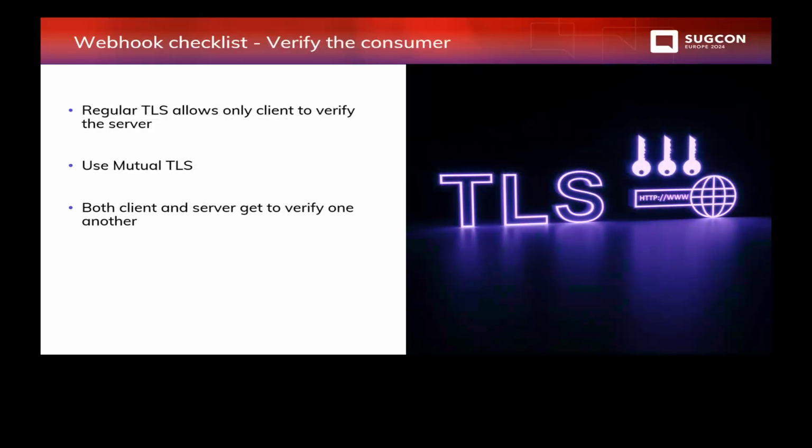Verify the consumer. Normally what happens is the client verifies the server, but with a webhook, we can also try this out, where the regular TLS allows only the client to verify the server, but we can also use mutual TLS, where the server also verifies the client and the client verifies the server. In the scenario where there is a webhook URL, an attacker can redirect the destination where the request goes.